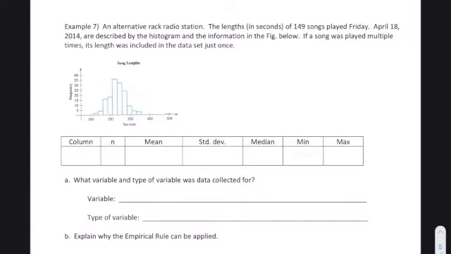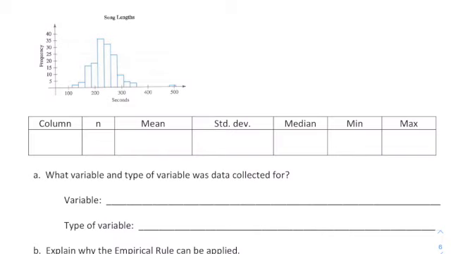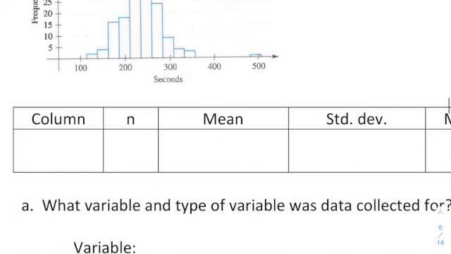If a song was played multiple times, its length was included in the data set just once. Okay, so it's kind of hard for you to figure out the standard deviation because you don't know the lengths and everything else. So I'm going to give you the information right here. The length.